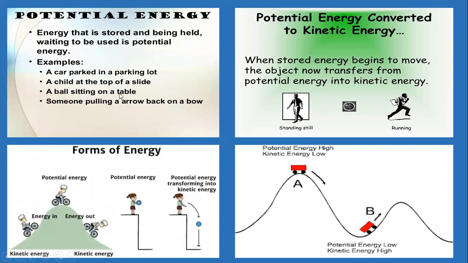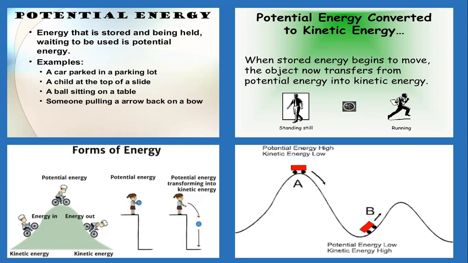A ball sitting on a table, not moving, resting on the table, has potential energy. Someone pulling an arrow back on a bow has potential energy.